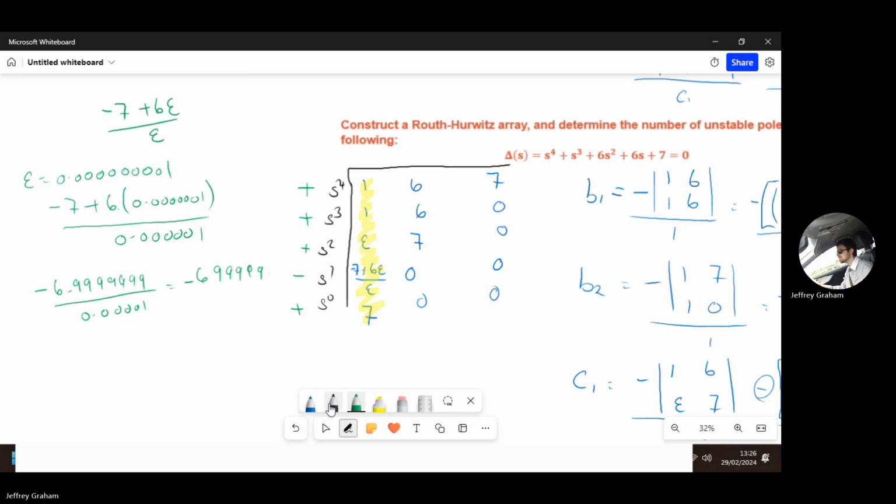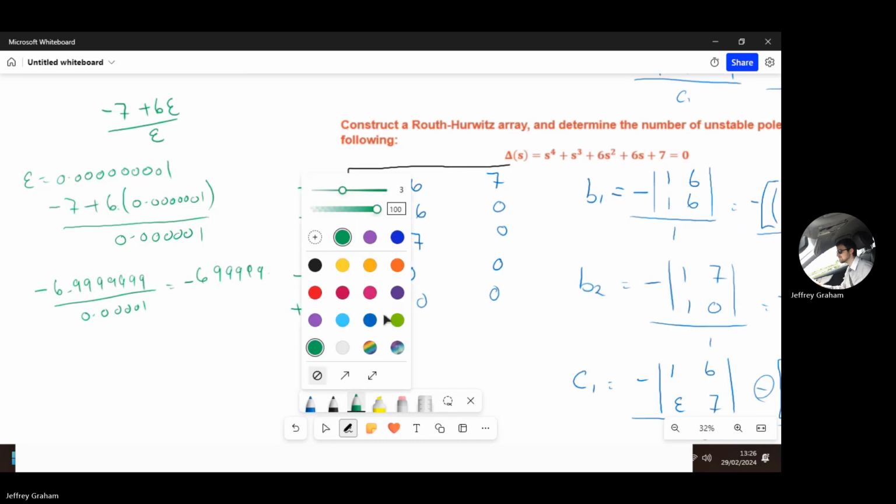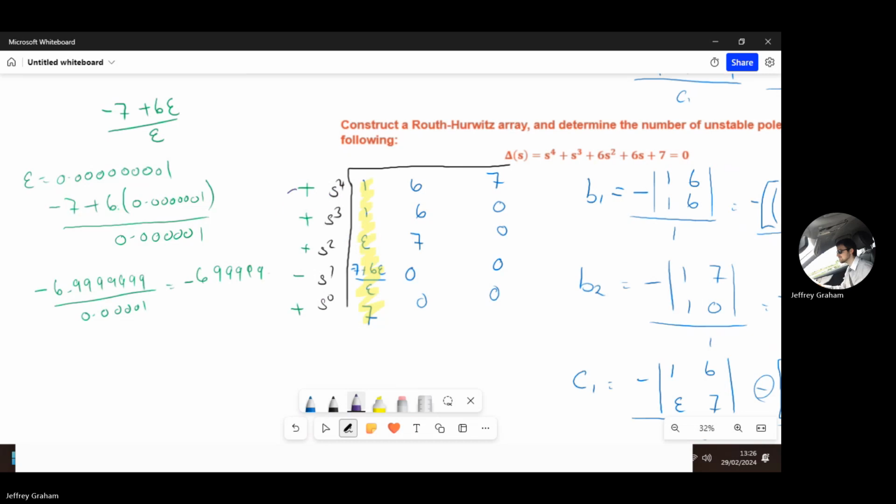Right. Sign changes then. We haven't got any to there, still positive. Haven't got any to that bit, so it's still positive. We've gone from positive to negative, so there's 1. Then we're back to positive, so there's a second one.